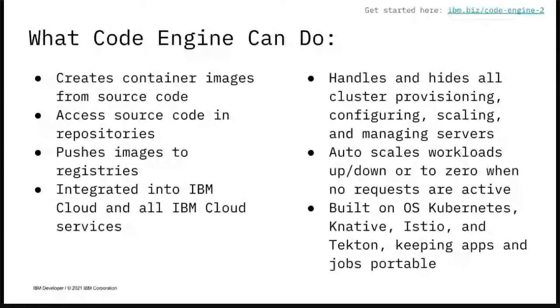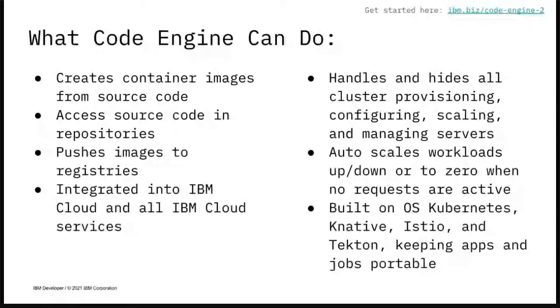As I mentioned, IBM Cloud Code Engine can create container images from source code using source to image. You can access your source code in repositories, both public and private. It can push images to public and private registries.